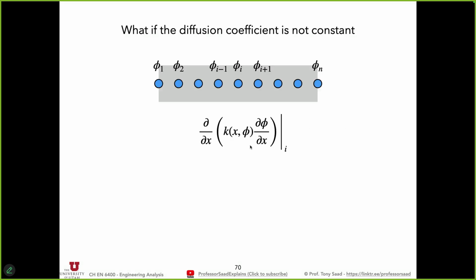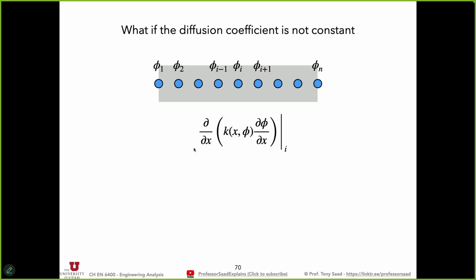So a variable diffusion coefficient would alter the diffusion term. If you remember, our form was div k grad phi, correct? That was the diffusion term. It was the divergence of the diffusive flux, which was minus k grad phi, and then the minus sign outside. So if k is not constant, you have to keep it inside the divergence.